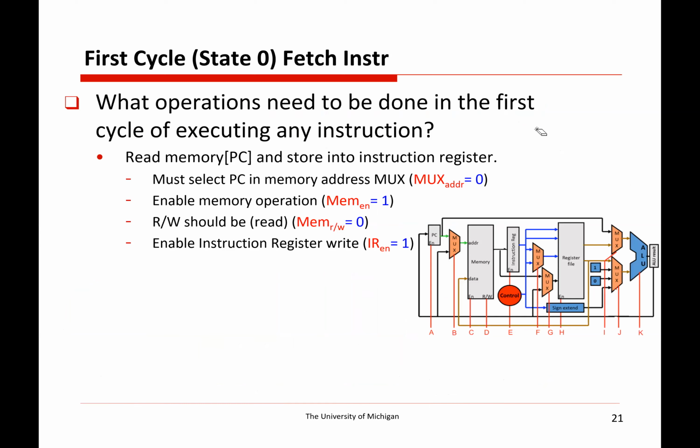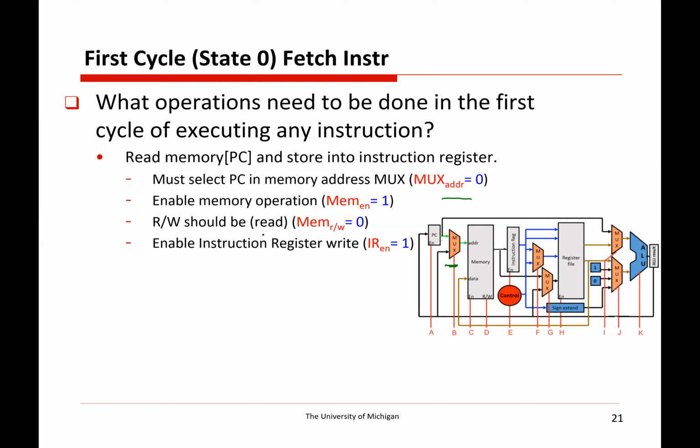So the first state that we're in, state 0, is the fetch instruction. This is going to be the same for every instruction because we don't know what instruction we're fetching until after we've fetched it. So let's think about what we need to do in the context of this picture. Well, we need to send the PC into the memory address. And we can see that we have a MUX here because sometimes we're writing data or loading data for load and store instructions. So we need to set this MUX, MUX address, to 0 to take the top address.